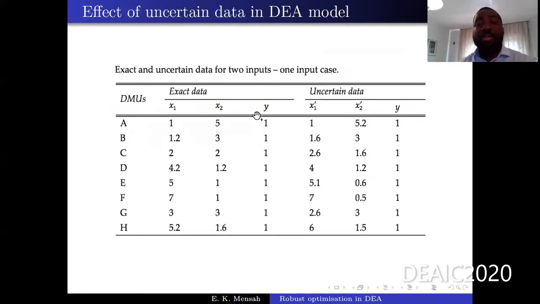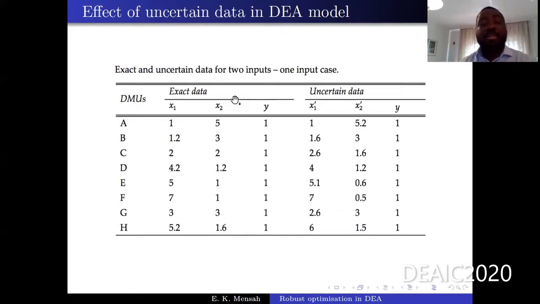Now, the effect of this uncertainty in the DEA model is such that the measured efficient frontier becomes dislocated from the true efficient frontier. In this case, the DEA model becomes sensitive to small data perturbation and as a result fails to preserve the efficiency of the DMUs.